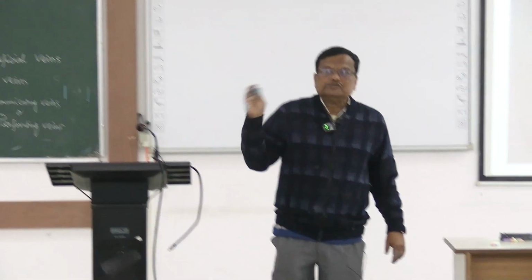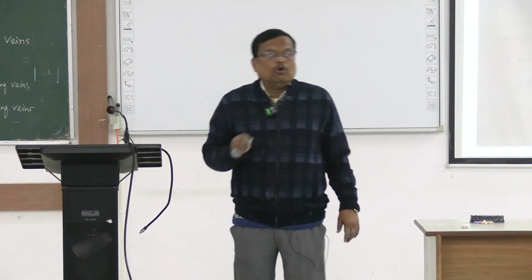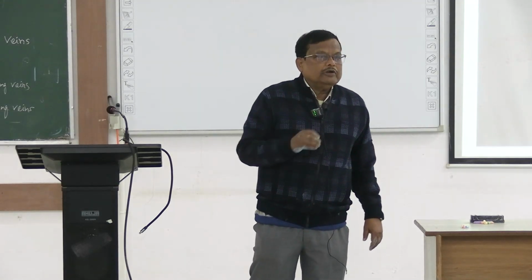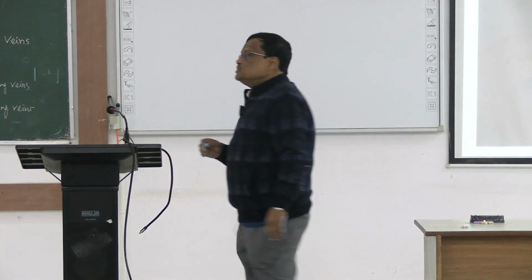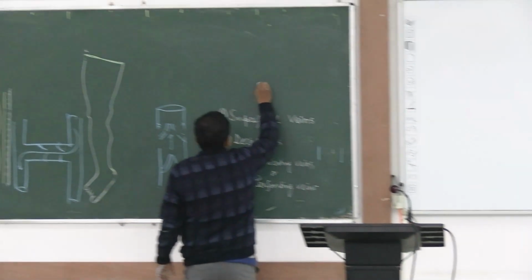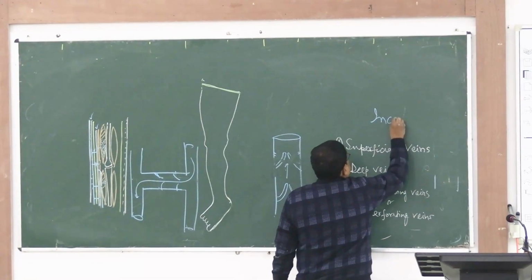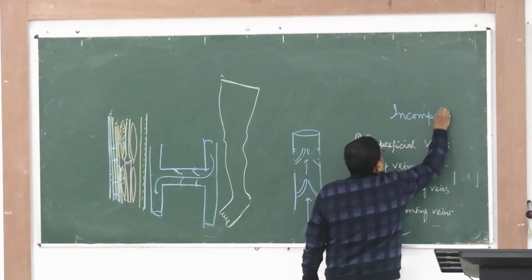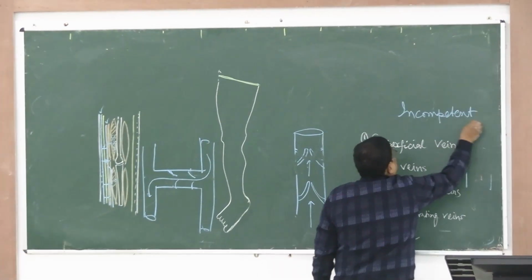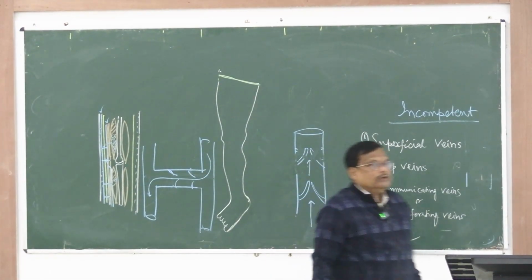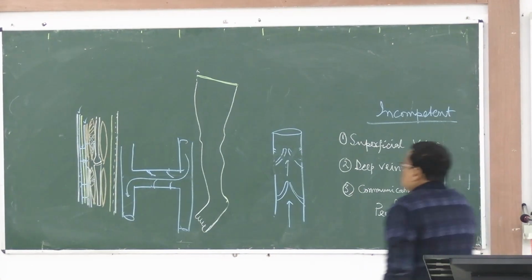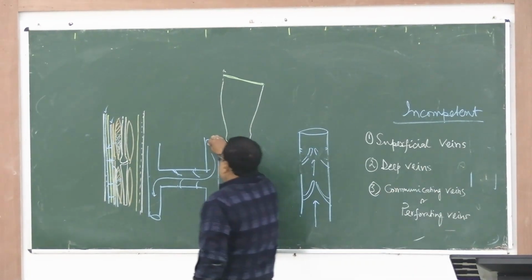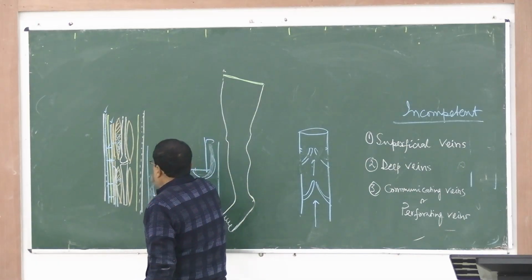Medically, we call defective valves incompetency of the valves. Defective is the layman's term. We call it incompetent valve. So, if the valves are incompetent, blood goes from the deep vein to the superficial vein.